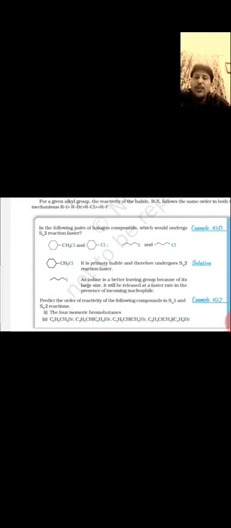Okay students, so the first type of question is based on explaining SN2 and SN1. The second type is based on the degree of alkyl halide, and the third type is based on the halogen atom. So these are the categories on which SN2 and SN1 reactions are based, and this is one of the most important topics of haloalkanes and haloarenes.